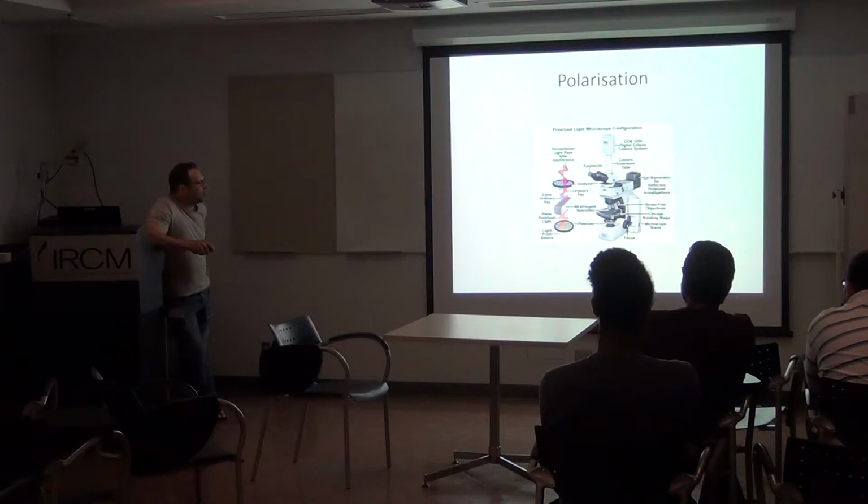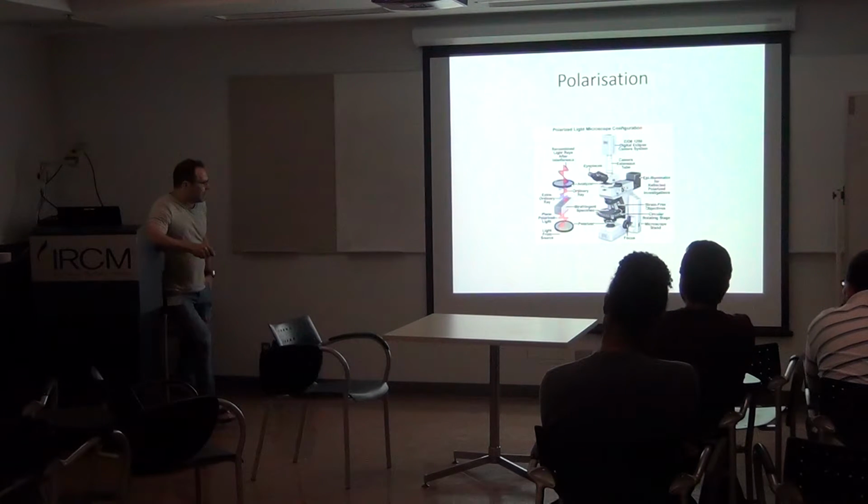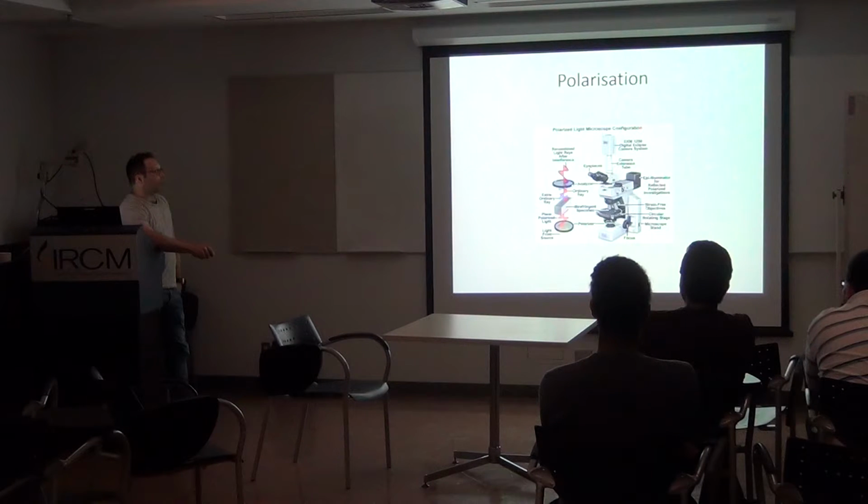Polarization is another principle. So you use a polarizer in order to bring some light which would be polarized onto your specimen. And some components of light are birefringent.